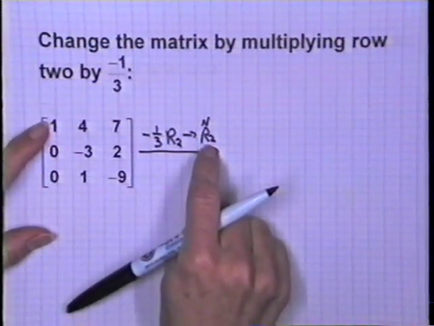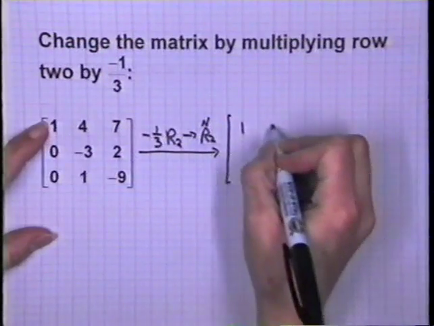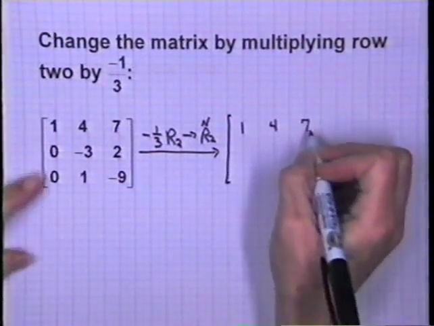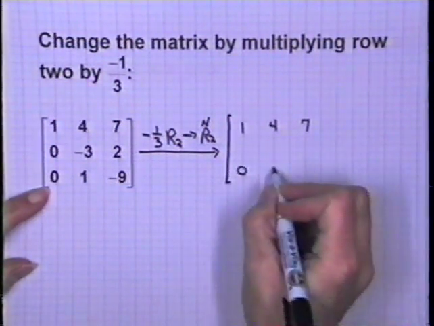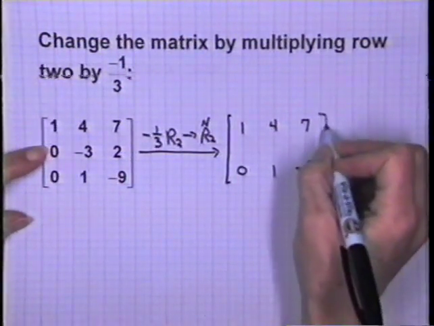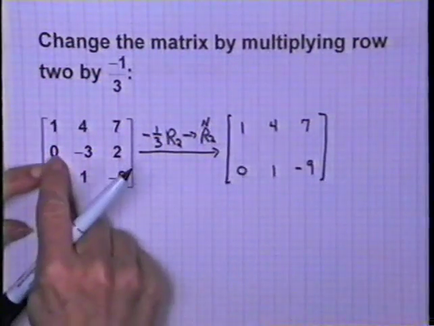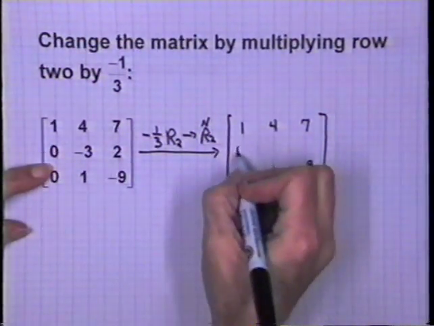Okay? So I'm changing row 2. Row 1 does not change. I'm going to leave it 1, 4, 7. Row 3 does not change. It stays 0, 1, negative 9. The only row that's changing is row number 2. Now, if I multiply negative 1/3 times 0, I still have 0.